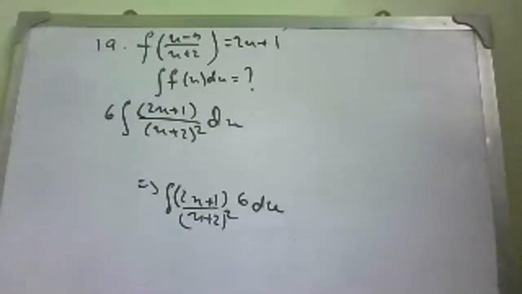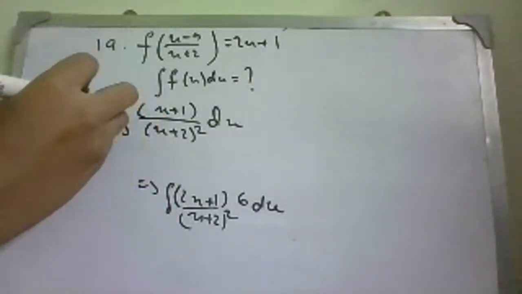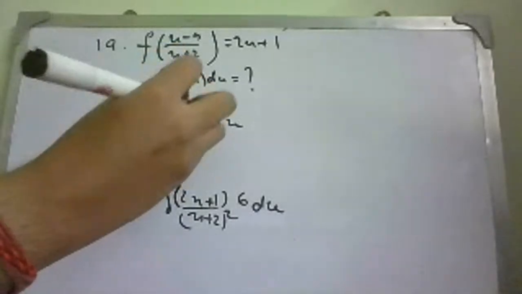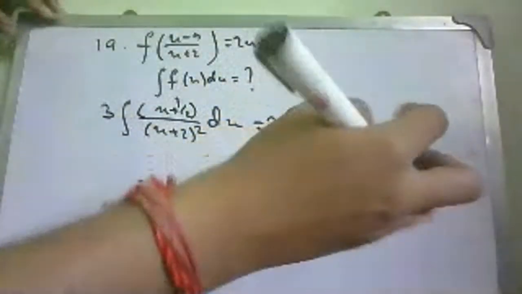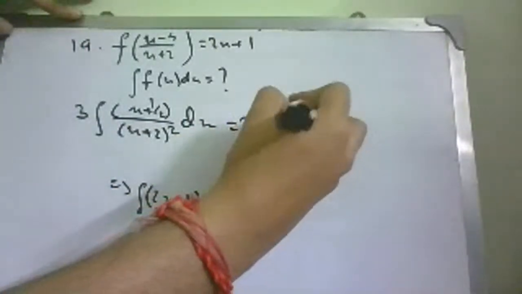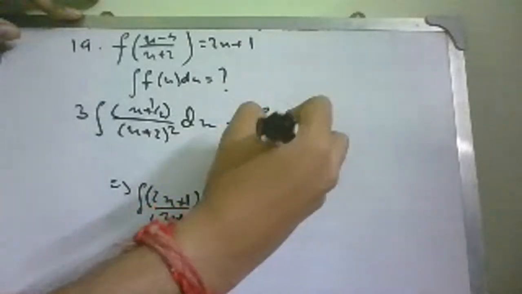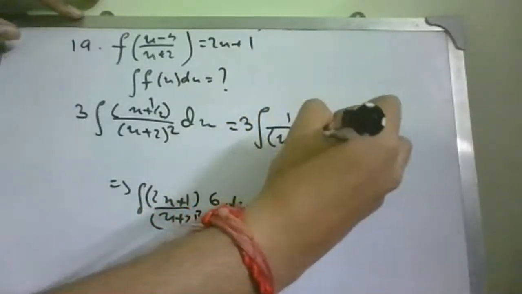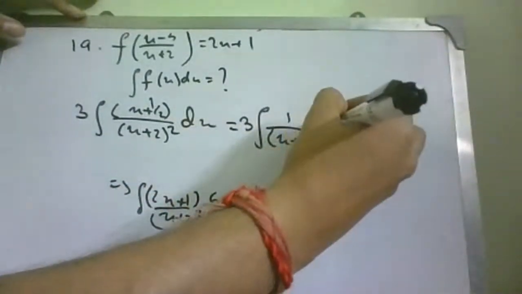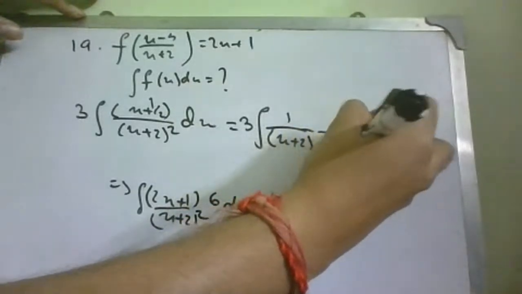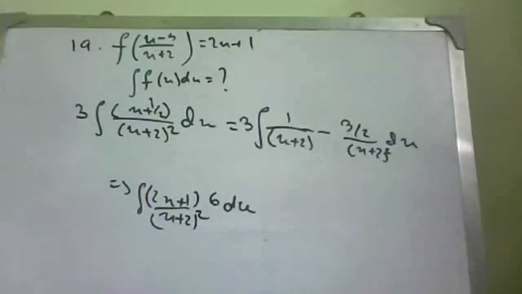So we need to do the same thing basically. Since we have 2x, we can basically take 2 out from here. This is 1 by 2. So we can write it as 3 times the integral of x plus 2, and we can write it as (x plus 2) minus 3 by 2, not plus, yeah, minus 3 by 2, sorry, over (x plus 2) squared dx.